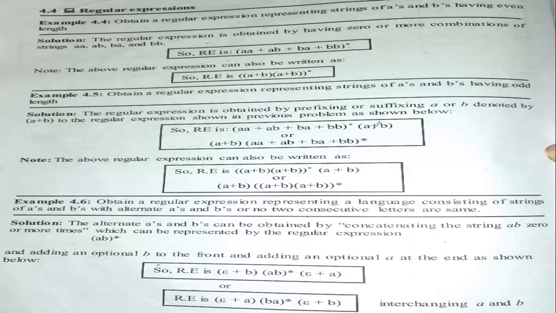Or else, one more thing we can do: this A plus B can be suffixed exactly. Prefix is this one, and this is an example of suffix. So now A plus B will be added in the starting exactly, prior to this.